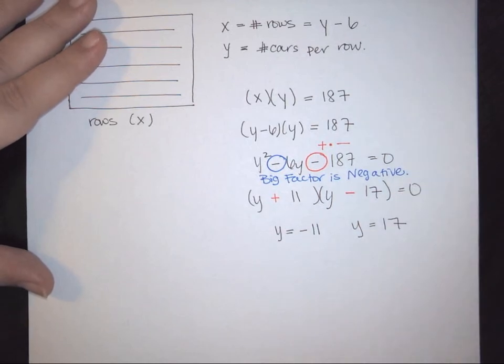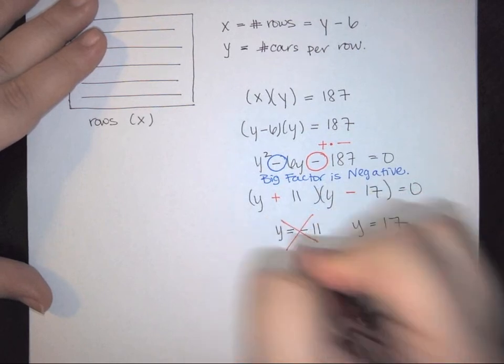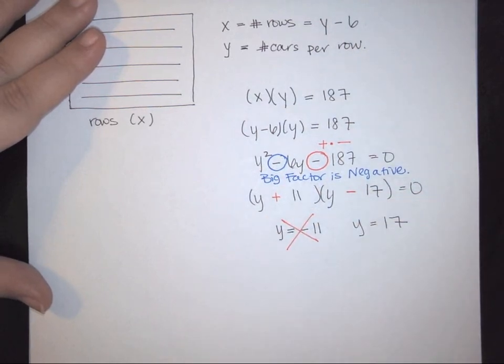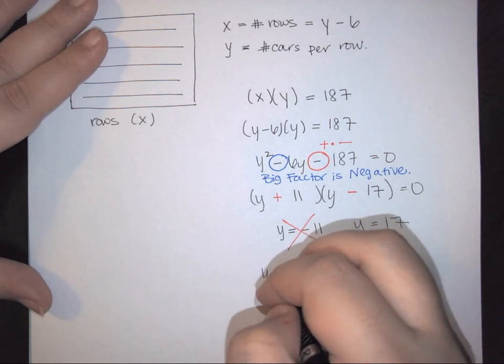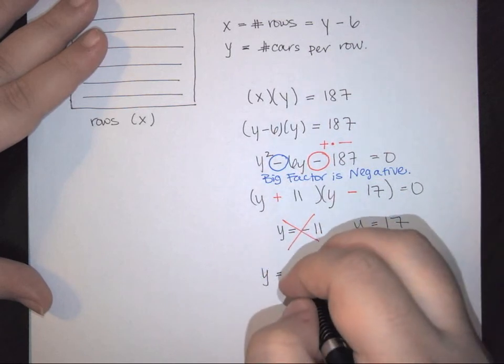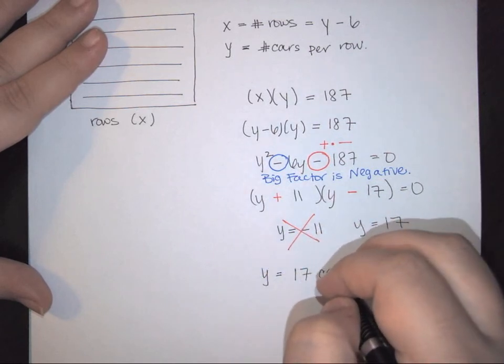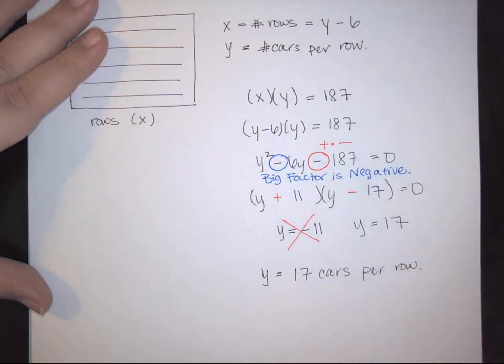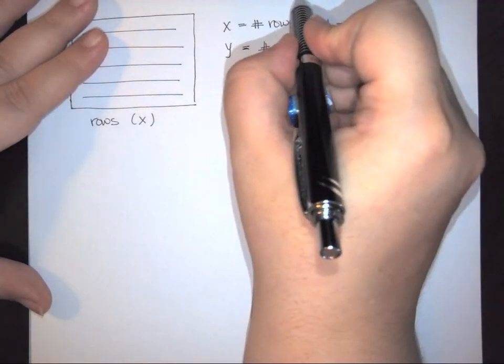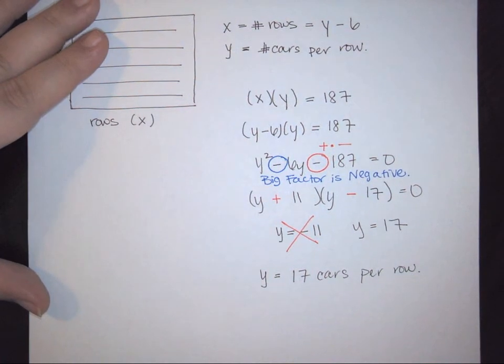Now we're talking about number of cars, so in this instance you cannot have a negative value there. Therefore, y is going to equal 17 cars per row. Now the question wants to know specifically how many rows there are.